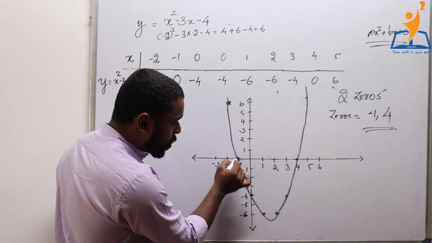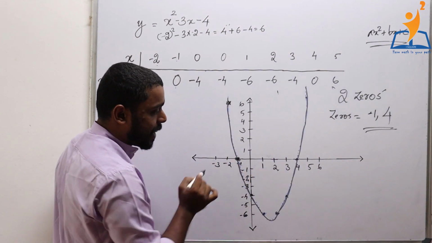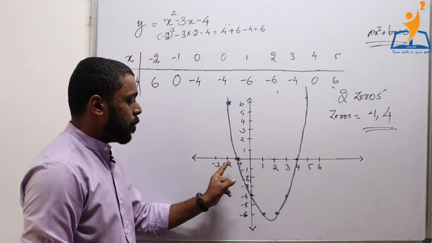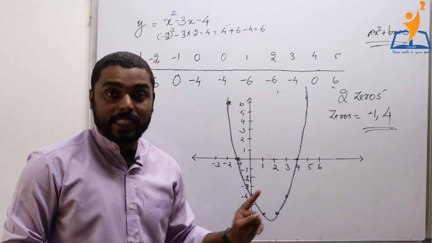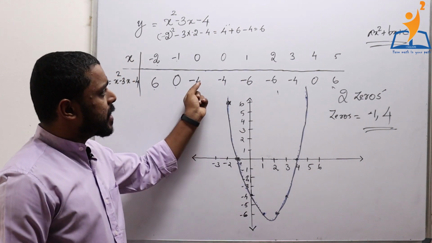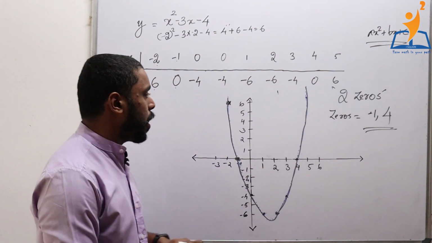Since the graph crosses the x-axis at -1 and at 4, it has 2 zeros, namely x equal to -1 and x equal to 4. Is it clear? So here the second degree polynomial is of this type.